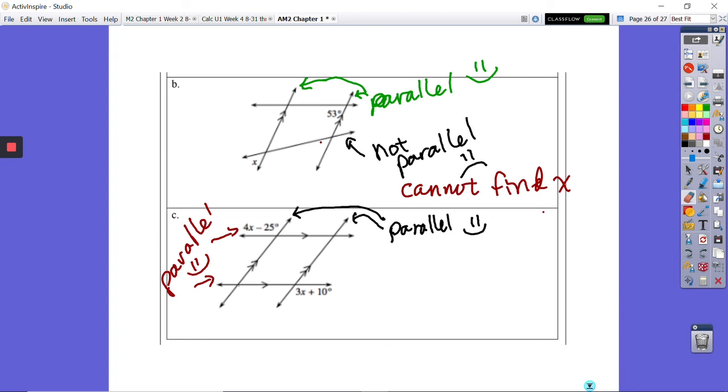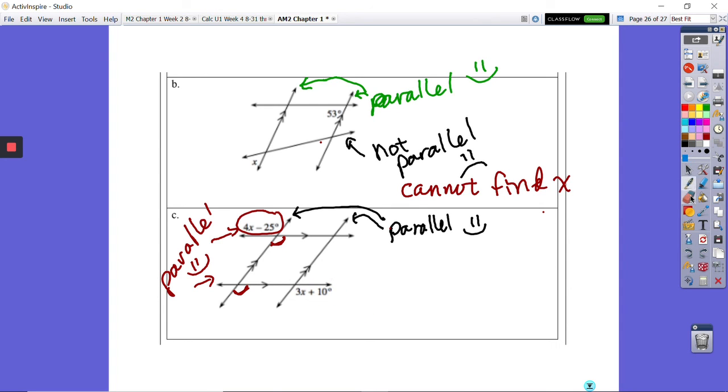So, since they're parallel, we know that eventually all the pairs of angles could be the same. So this one's a vertical angle with that one. So those are the same. This one corresponds with that one, with this one. So that's the same. This one corresponds with this one. So that's the same. Oh, so that means this thing is the same as that thing? Cool. Let's get rid of some of my writing.